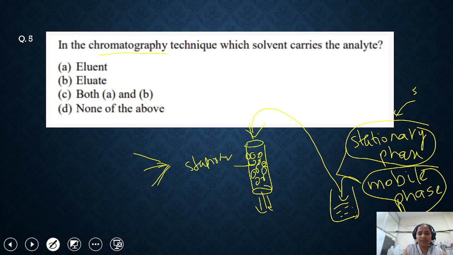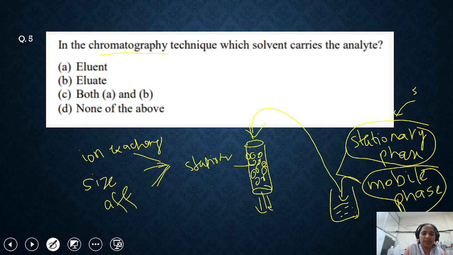Suppose you have, for example, ion exchange chromatography, you have size exclusion, third one, suppose you have affinity chromatography. So what is happening in all the different types of technique, this stationary phase will differ and according to it the separation occurs. And how do we choose which type of chromatography is required?